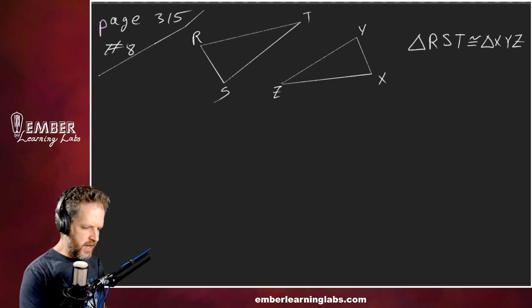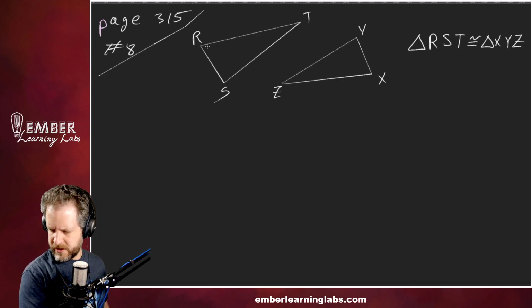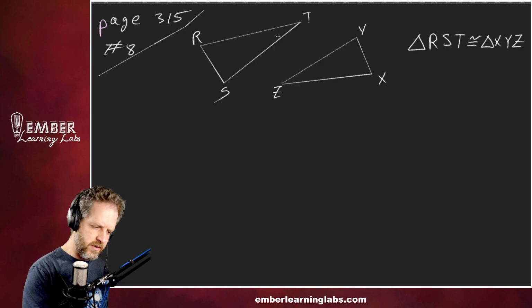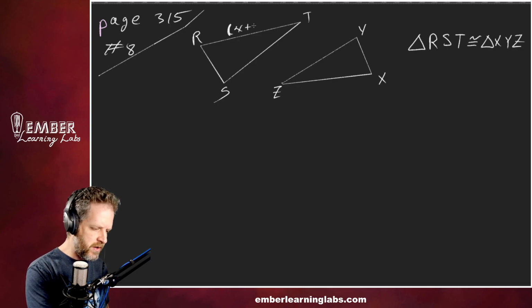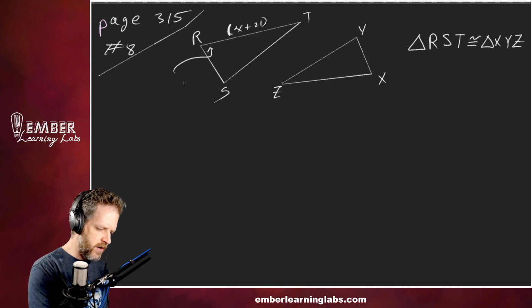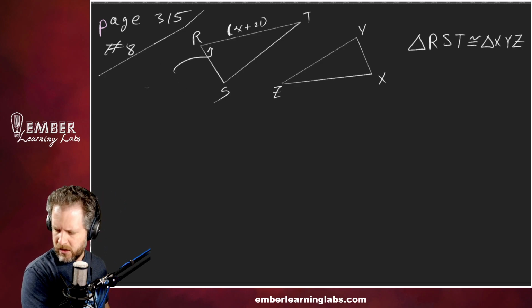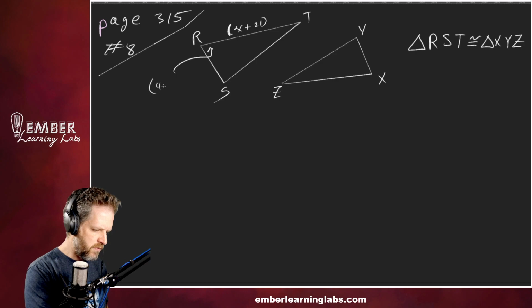I'm going to label this a little differently than the book because I don't want to smoosh it. We'll do this top one the same way: x plus 21. This one I'm going to put an arrow on and stick out here: 4y minus 10 degrees.